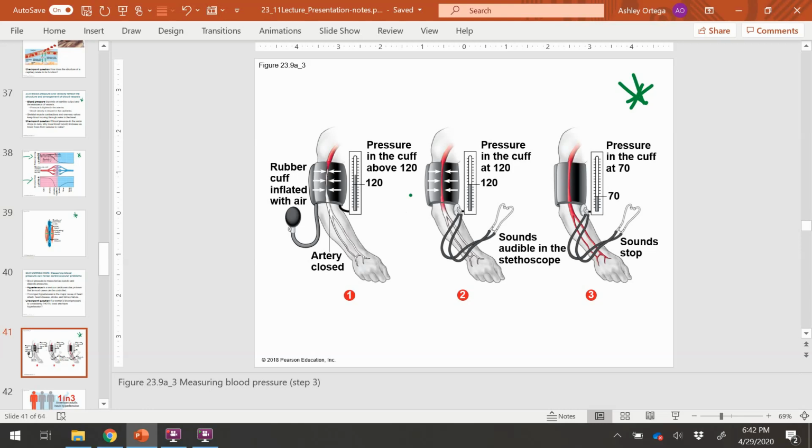When the sounds stop, the cuff is in the same state as the artery, which is the relaxation phase. Hopefully that will be around 70 for adults around age 20, or 80 for anyone, and the national average is 80. For our textbook purposes, though, we'll use 70, so 120 over 70 is the goal for blood pressure.